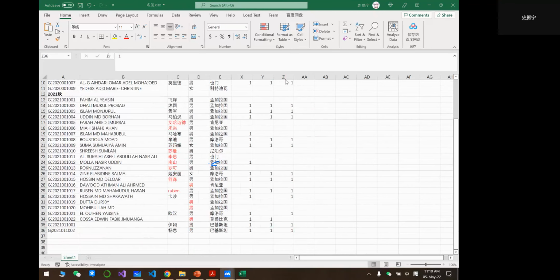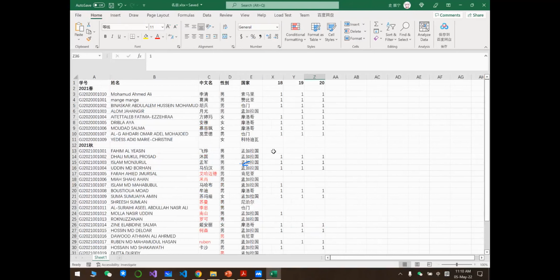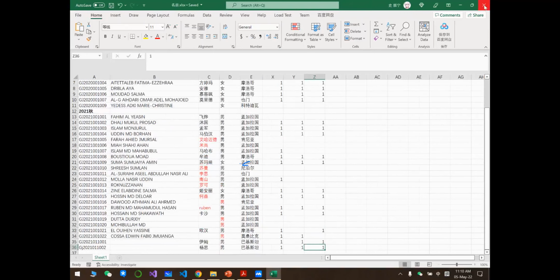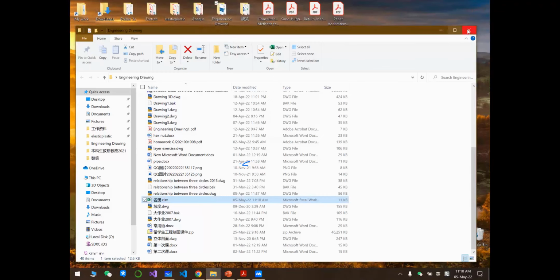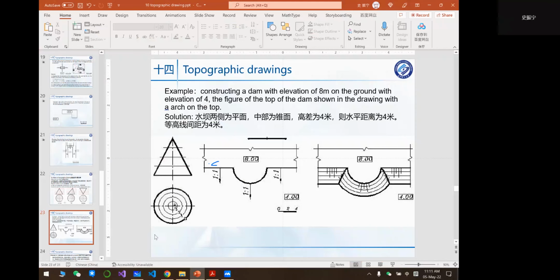Okay, 20 students. And I think that now all of you have understood how to draw the intersection line between the plane and the surface, the curved surface.